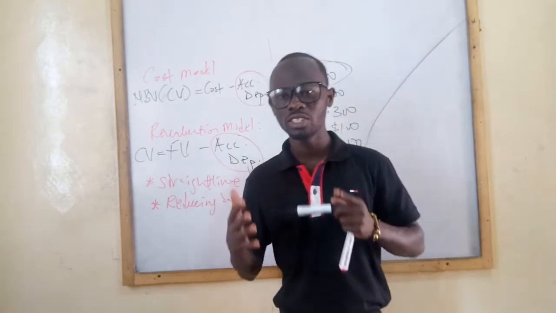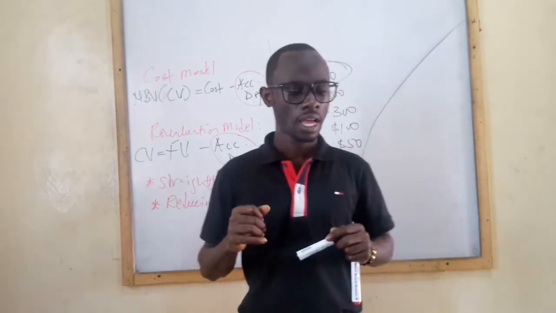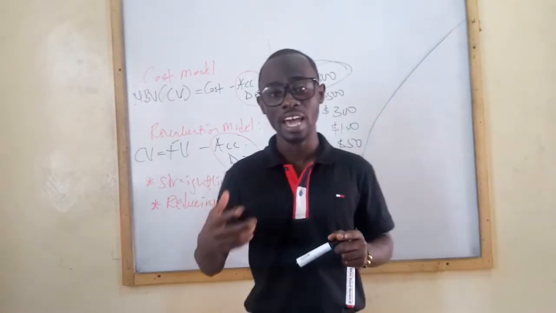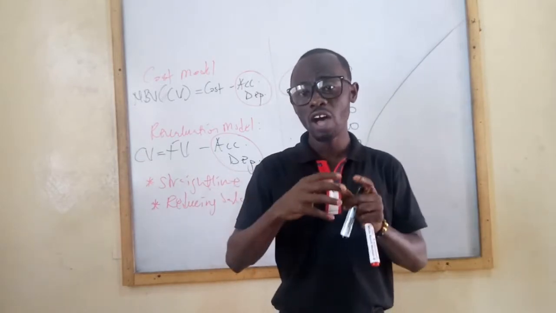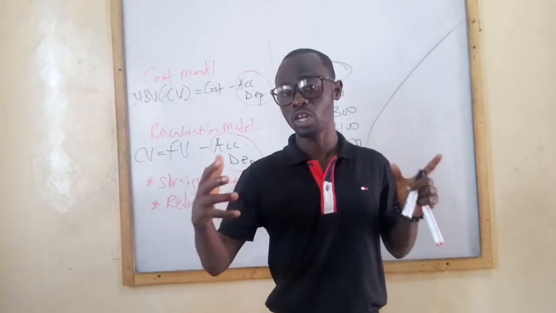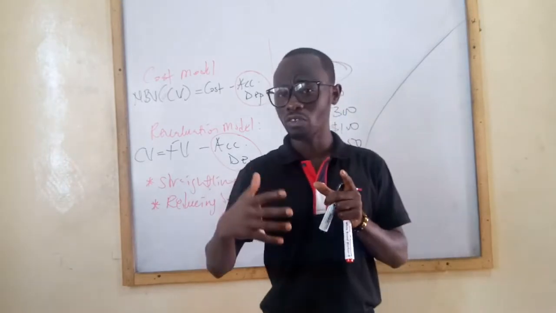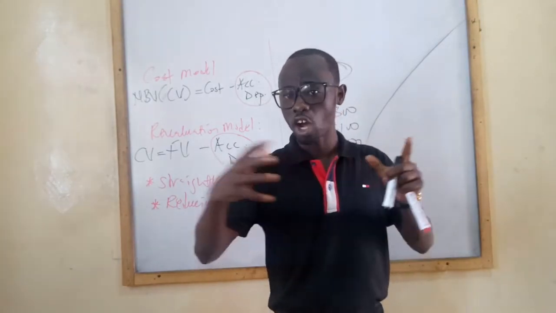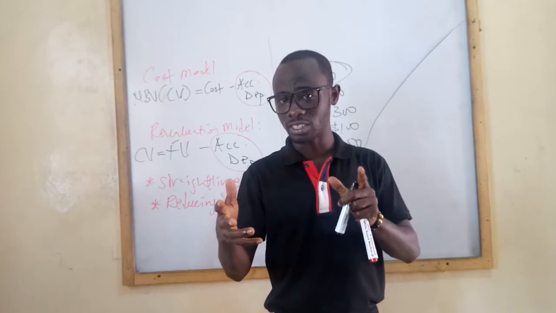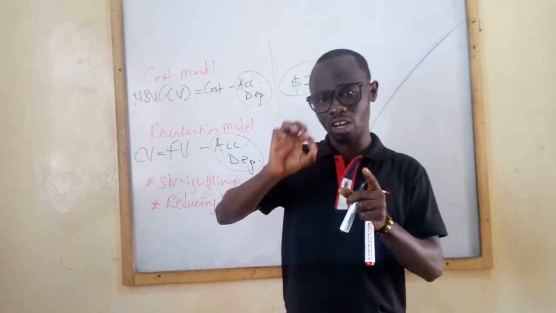Now, what are these depreciation methods? Simple. The Straightline Method is where the asset is depreciated over its economic useful life. What it means is that the same amount of depreciation will be charged over the economic useful life of the asset, or the remaining economic life of the asset.